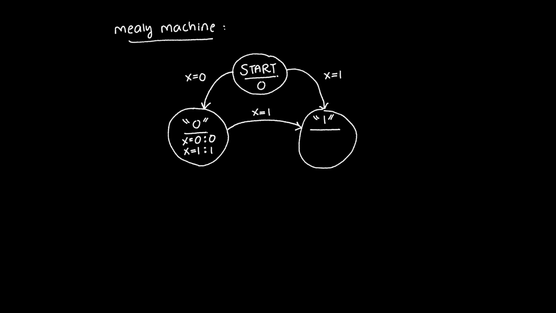I am only keeping track of the last bit that was incoming, whereas for the Moore machine, I actually kept track of the last two bits. So I had a separate state for 0, 1 and another state for 1, 0. But in this case, I'm not doing that. I'm only keeping track of the last bit that was incoming.